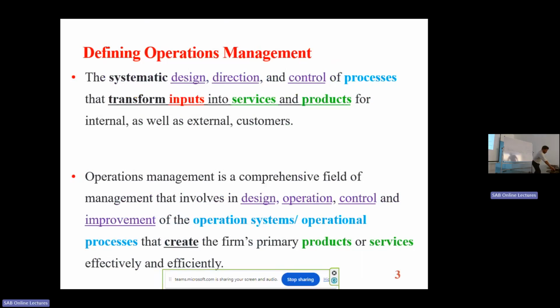So they are not only responsible to design the operation system and operate and control, they are also responsible for bringing necessary improvements to their operation systems in terms of quality, process, products, technology, cost improvements, and various others. So this is the area we are going to talk about: their decisions, how they should make such decisions.